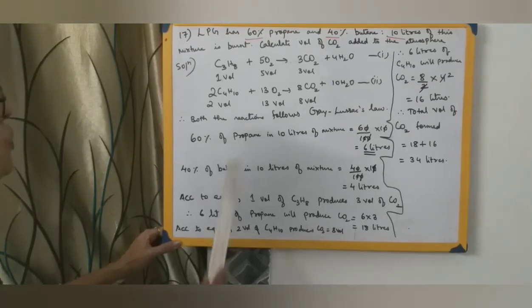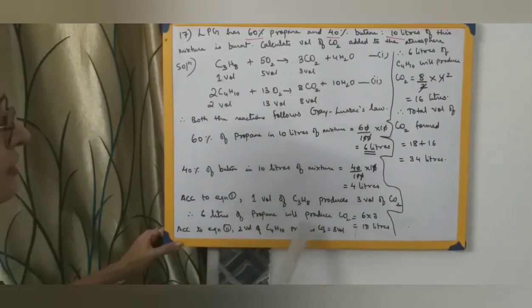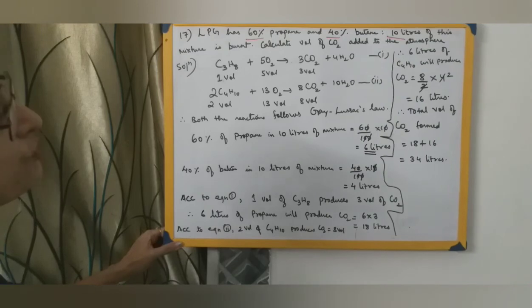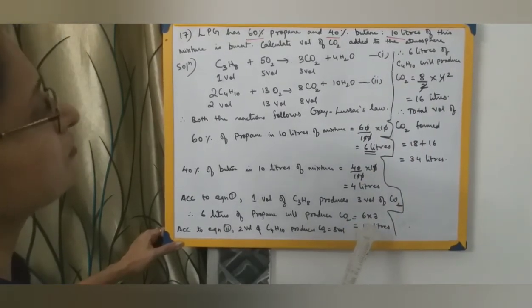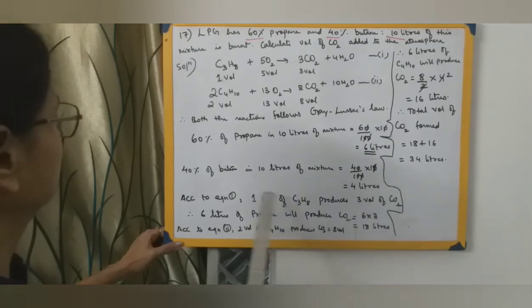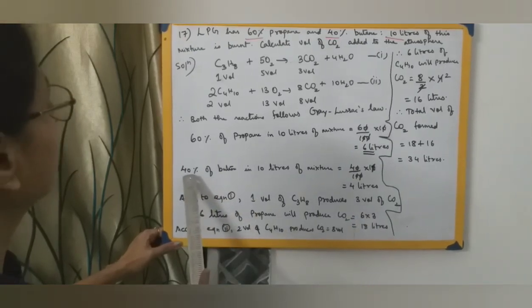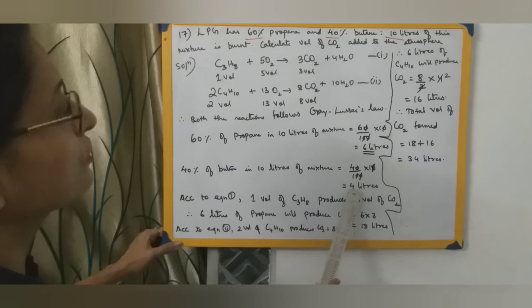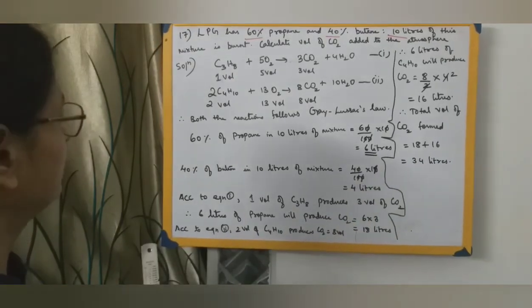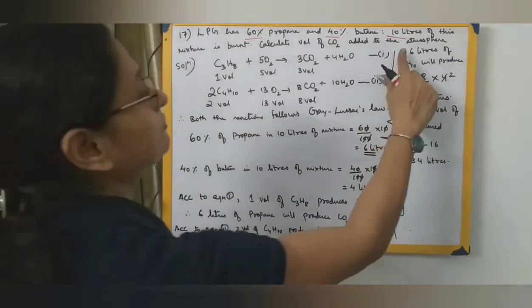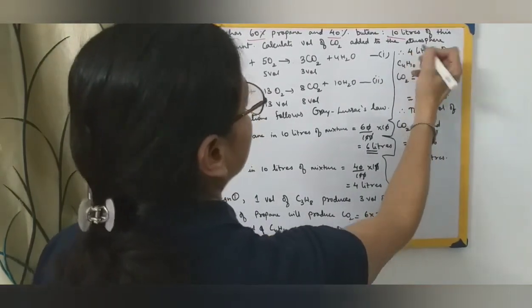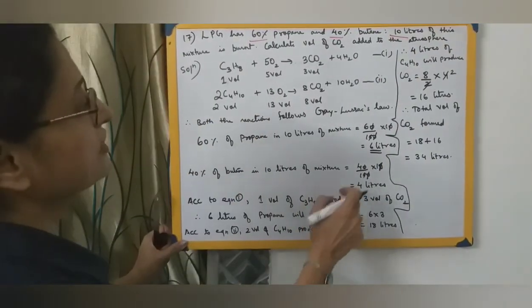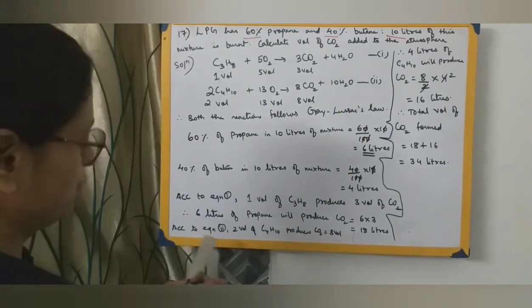According to equation 2, 2 volume of butane produces carbon dioxide 8 volume. Therefore 4 liters of butane will produce carbon dioxide.